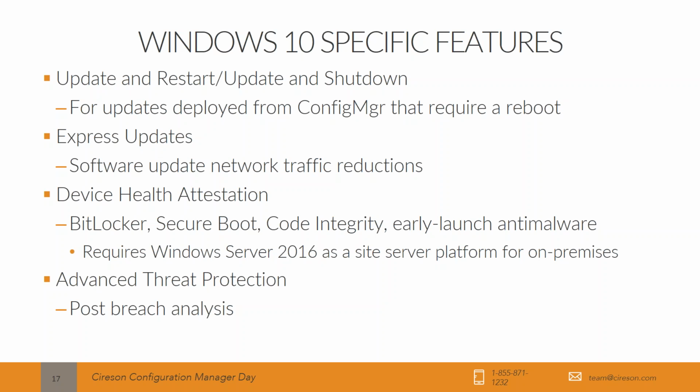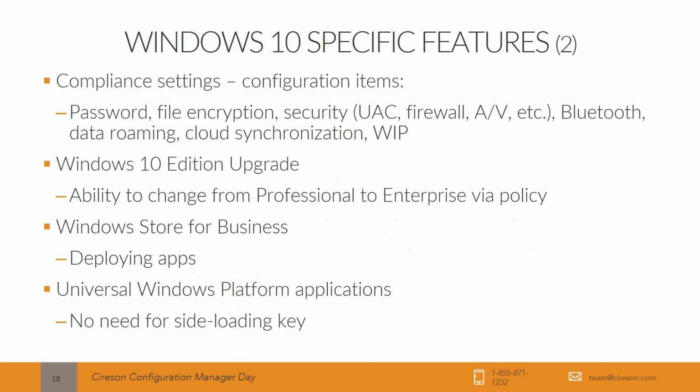So instead of downloading the full cumulative update every month, you can go ahead and just do the deltas between last month's deployment and this month's deployment. Device health attestation to verify that your computer has early launch anti-malware, code integrity, BitLocker, secure boot. Now that requires that you're running Windows Server 2016 in an on-premises platform if you want to implement that on-prem. Advanced threat protection for your post-breach analysis.